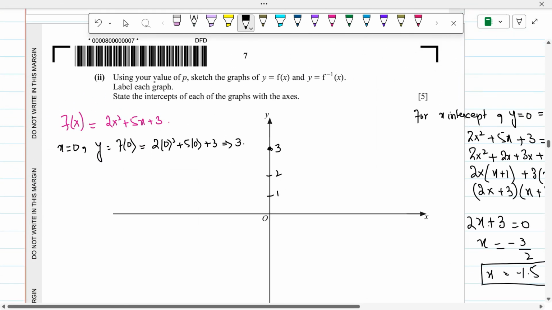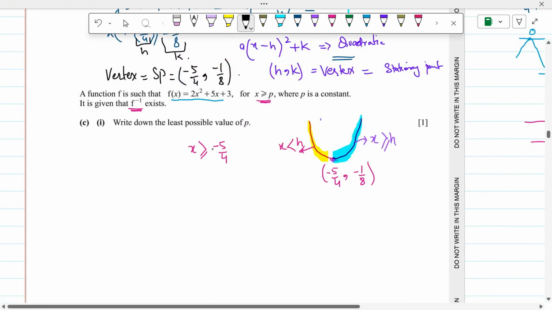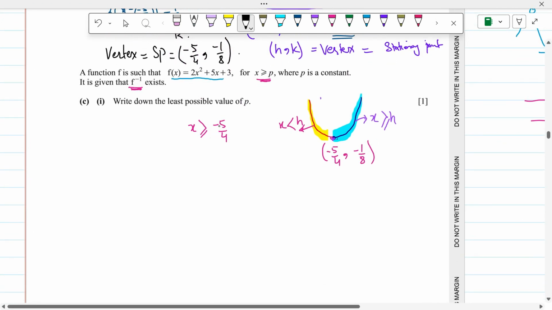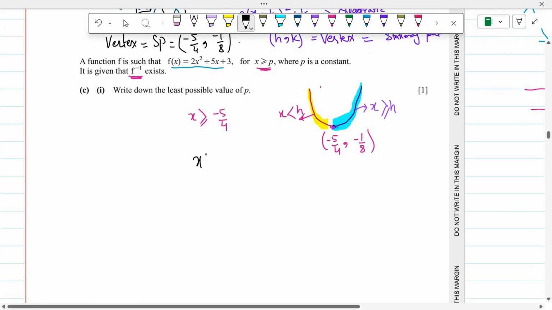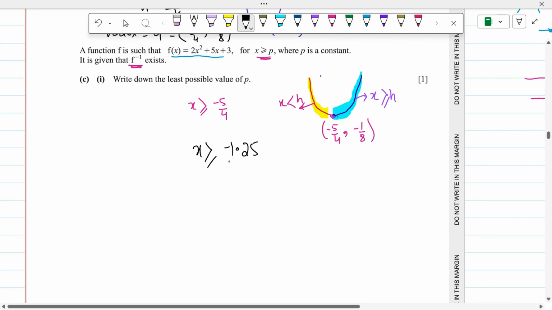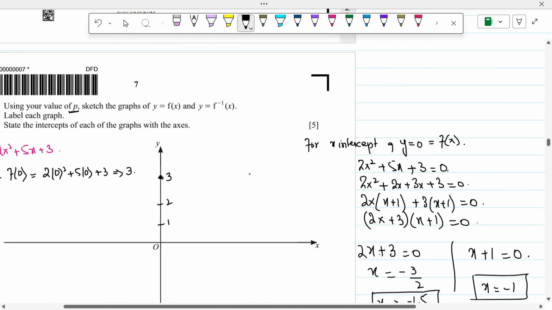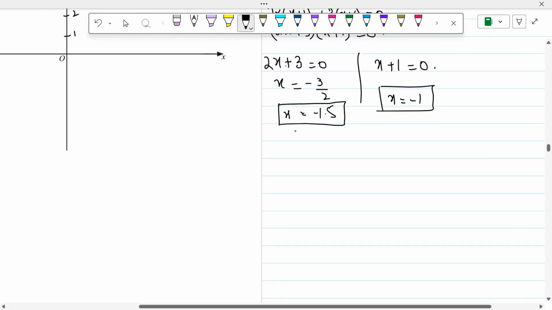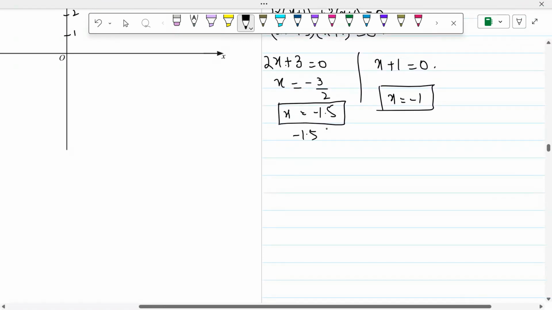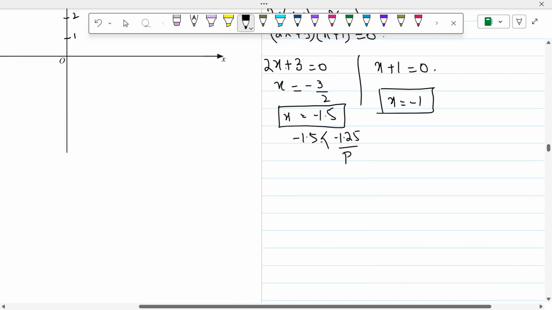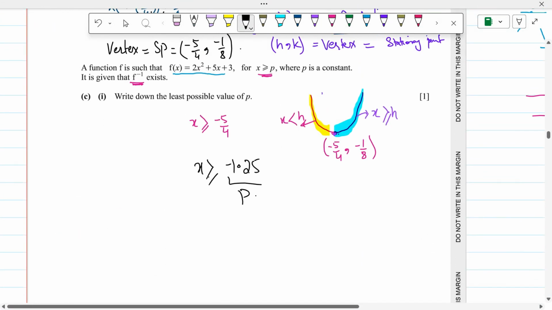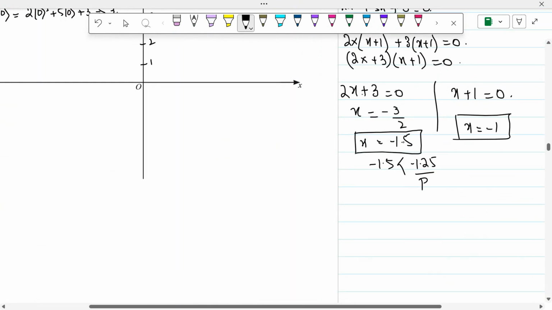Now, it is given that we should use the value of p to sketch this graph, and we know that the value of p is negative 5 over 4. So x should be greater than or equal to negative 1.25, and this one is p. This value, negative 1.5, is less than negative 1.25, which is p. It is given that x should be greater than p, so this value is less than p and we will discard it.